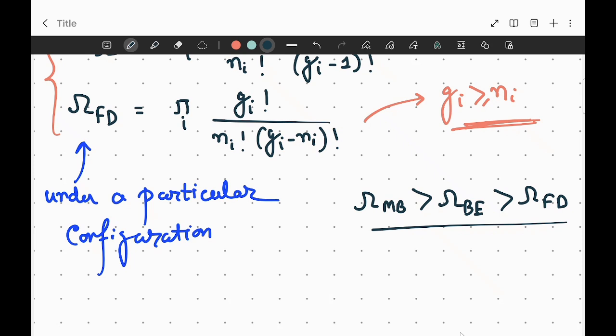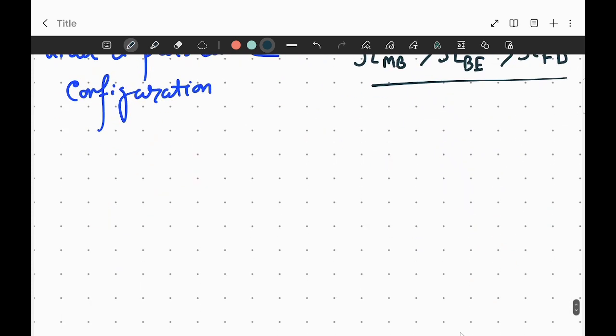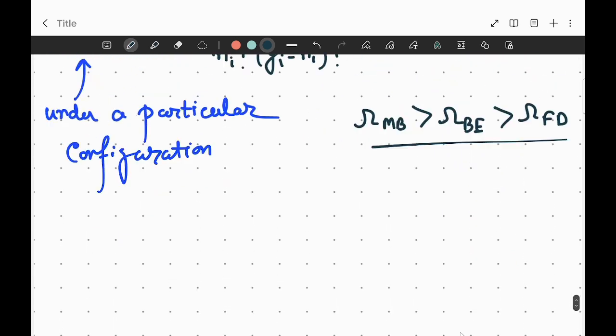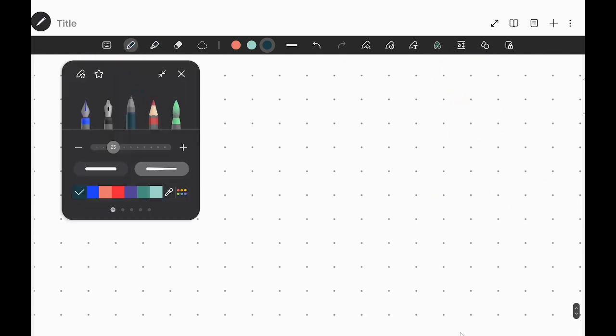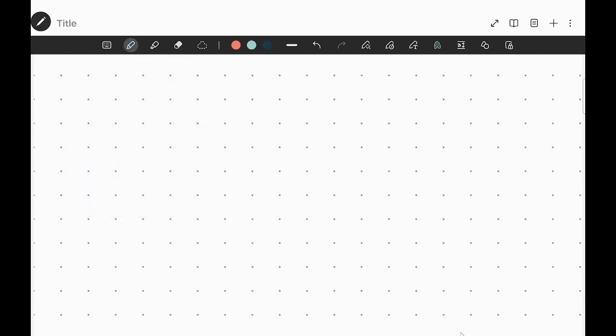Now what I want to discuss that is important: this part was also discussed in class, but this equation was not discussed in class, so I thought to do it.